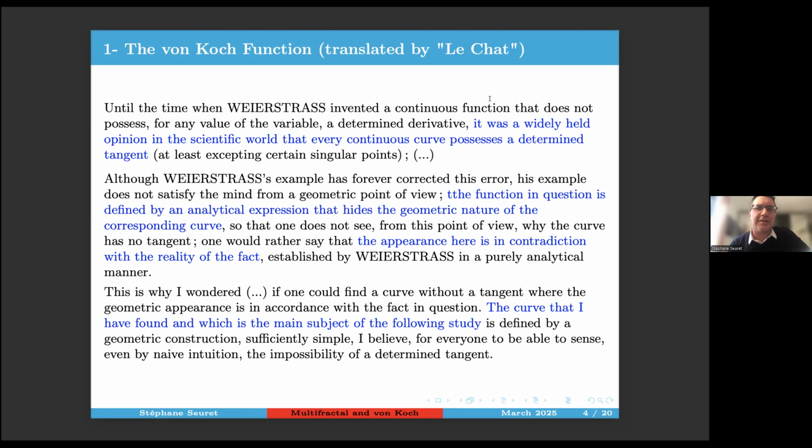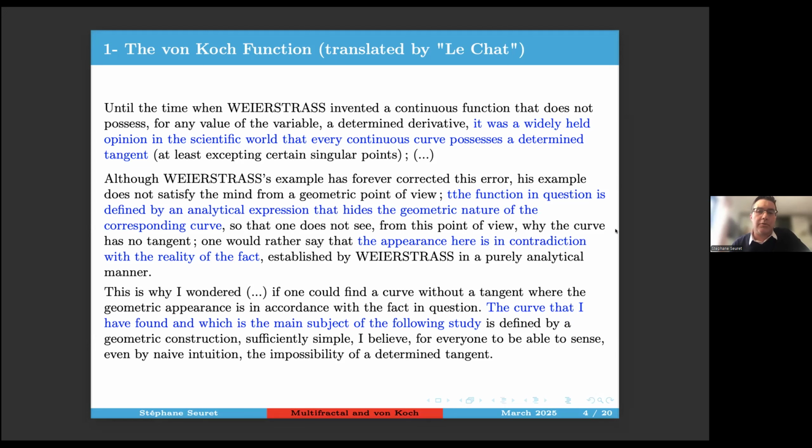It's quite interesting. Until the time when Weierstrass invented a continuous function that does not possess a derivative for any determined variable, it was a widely held opinion in the scientific world that every continuous curve possesses a tangent.